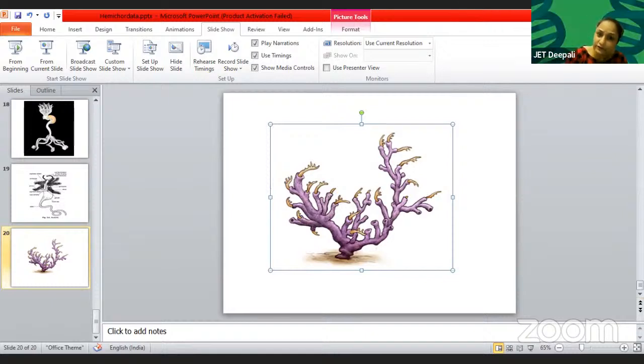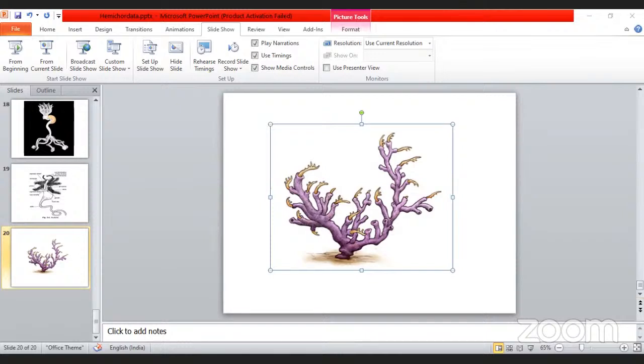I am showing you a picture of Balanoglossus. Do you want the previous page? But whatever you have just explained, I couldn't see that, ma'am. Can you see this?